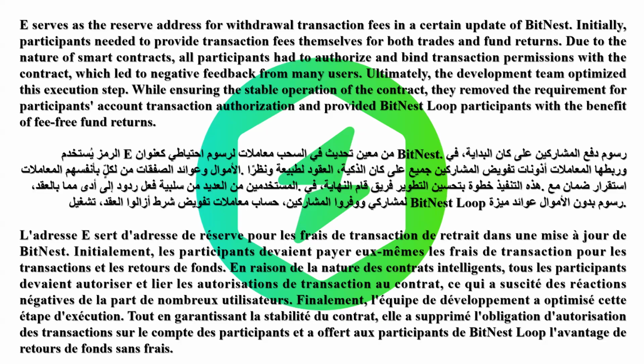So ultimately, the development team optimized this execution step. While ensuring the stable operation of the contract, they removed the requirement for participant account transaction authorizations and provided BitNest loop participants with the benefit of fee funds transfer.